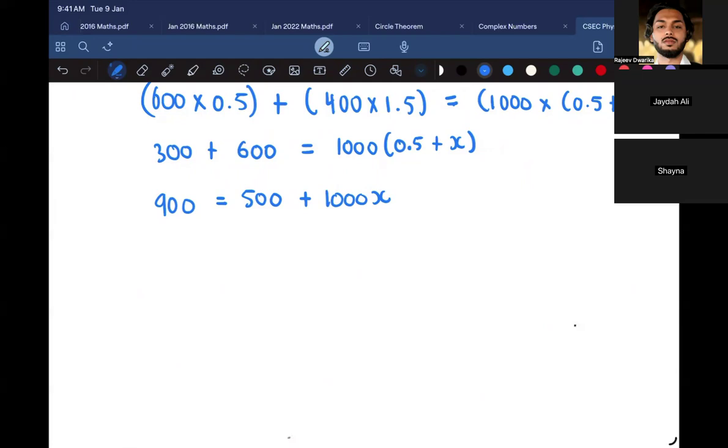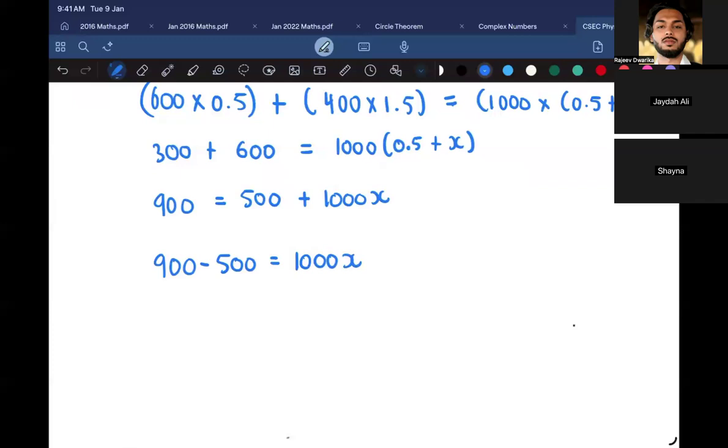Okay, so you put positive 500 over the equal sign, so it would be minus 500 from 900. So we can say 900 minus 500 is equal to 1000x. What is 900 minus 500? 400.